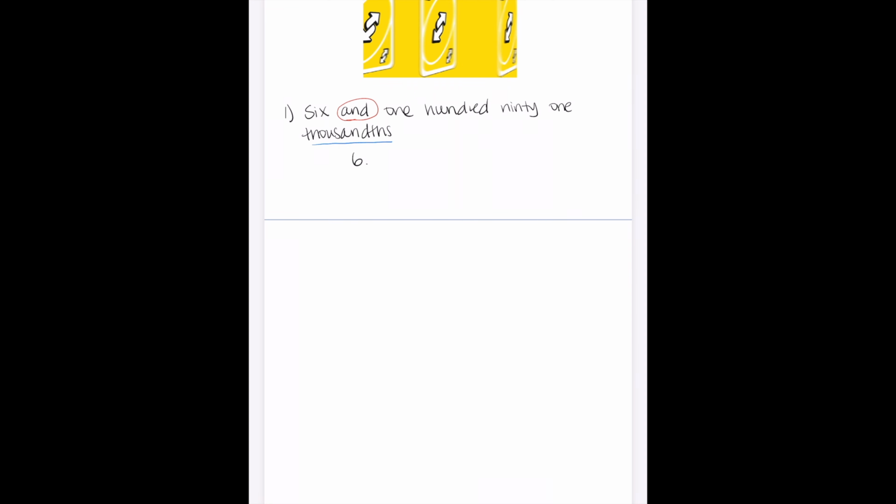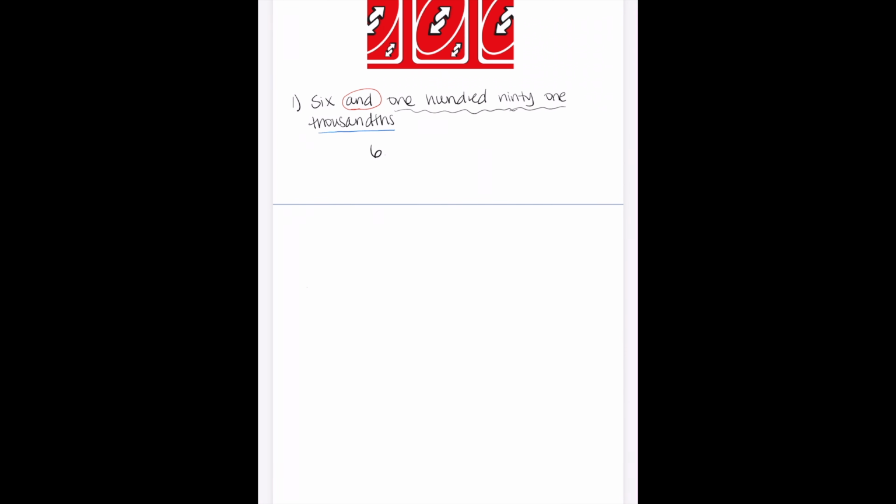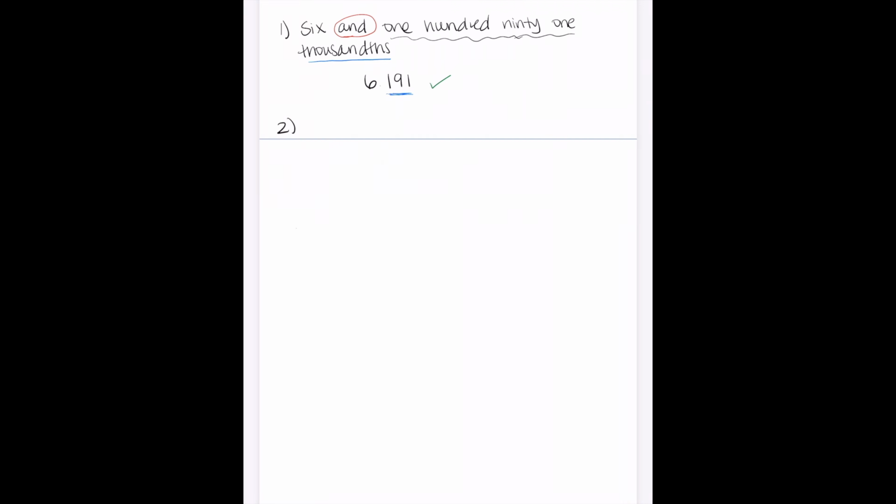What about this 191 thousandths? That would just follow the 6. So 6.191 would be 6 and 191 thousandths, because the thousandths, remember, it might be confusing, but it's just 3 places after the decimal point.